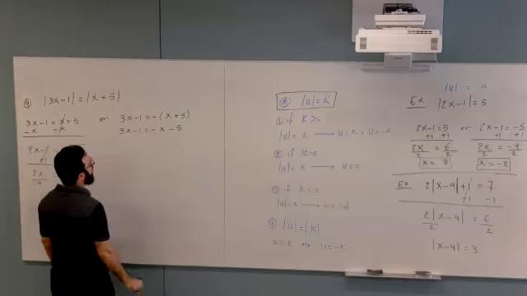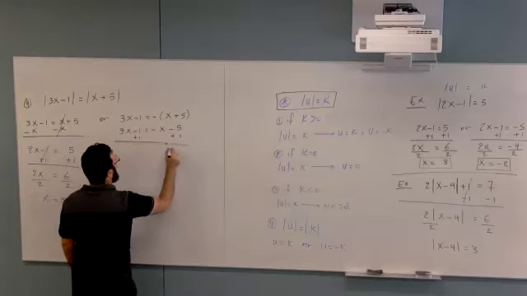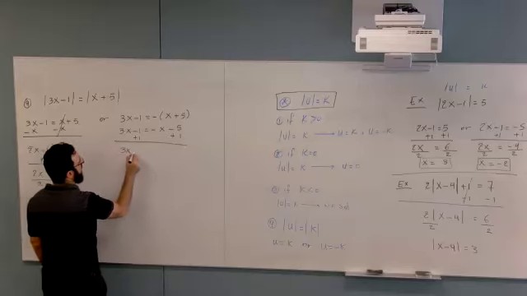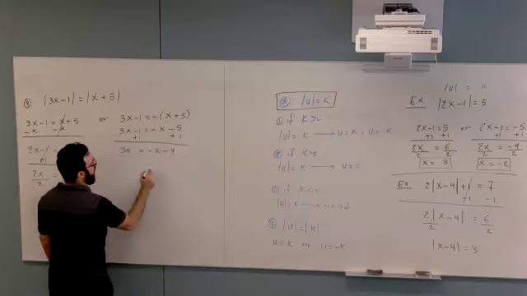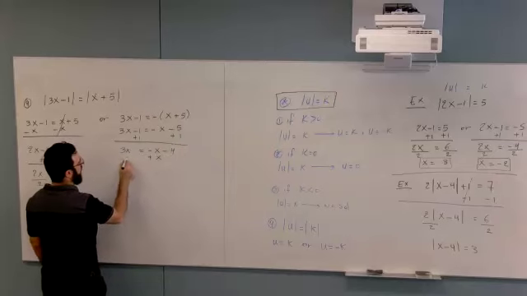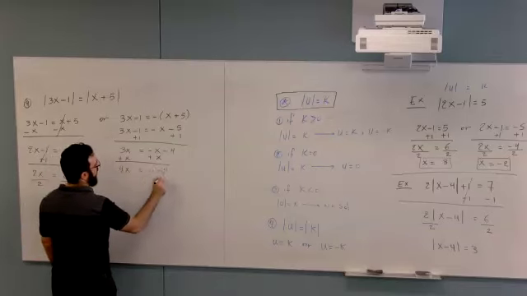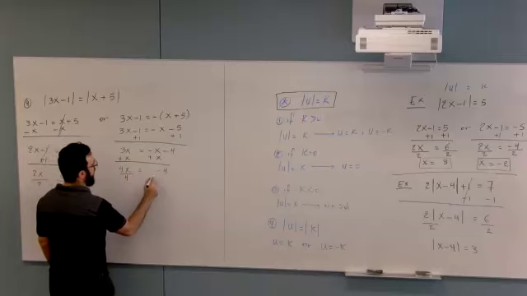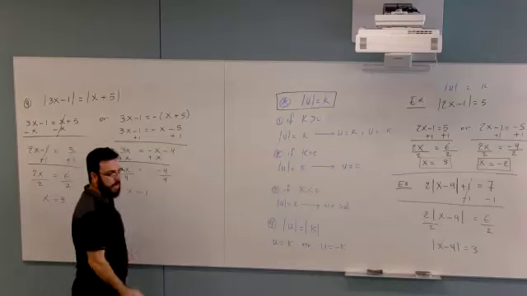Add 1. 3x equal negative x minus 4. Move the x. 4x equal negative 4, 4 divided by 4. Okay.